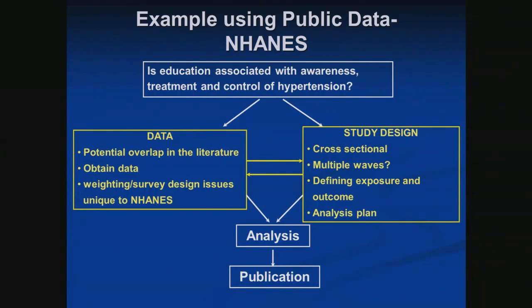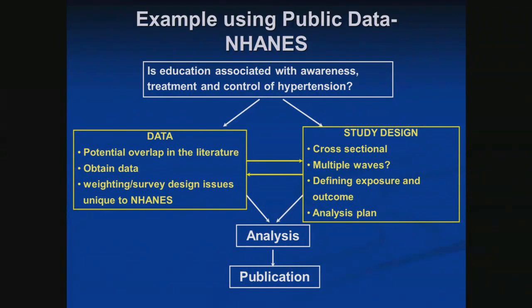So let's say this is a public data set, and let's say my question, which was a study that I had done years ago, is: is education level associated with awareness, treatment, and control of hypertension? That was what I wanted to look at. And now, how do I obtain the data? What are some of the issues? So my first thing was I familiarized myself with the literature, right?